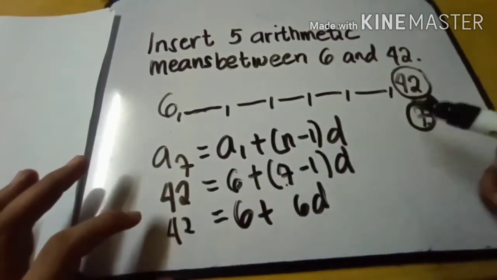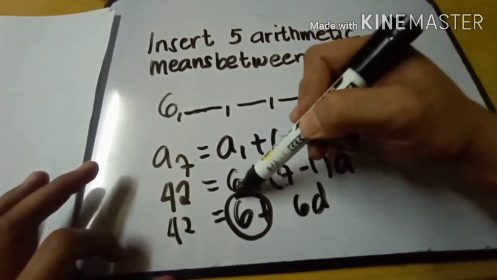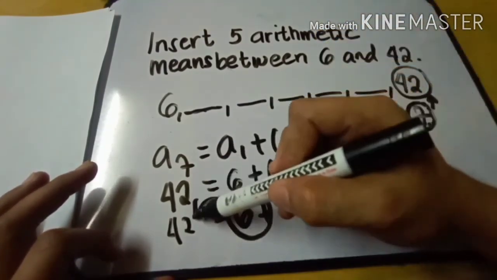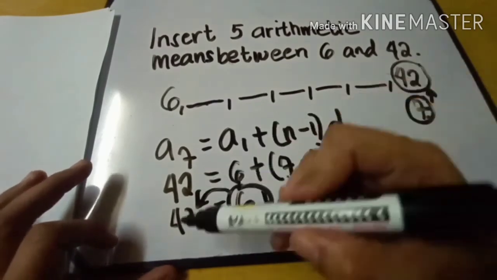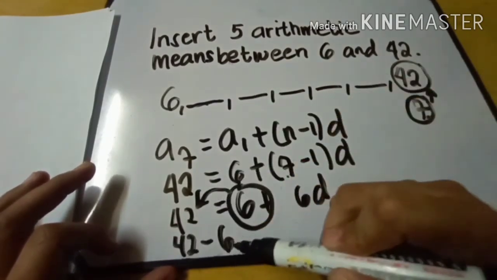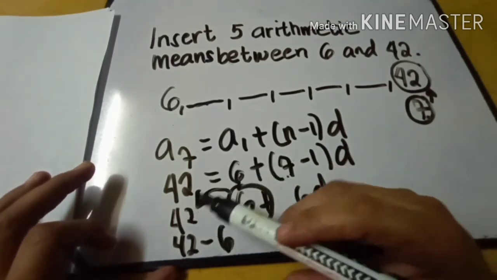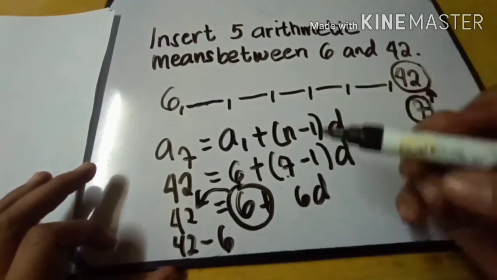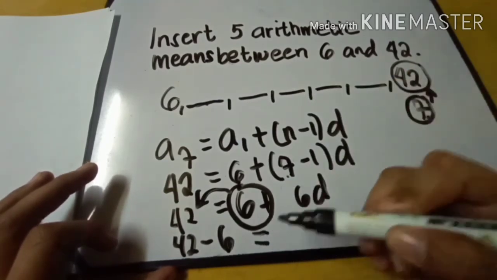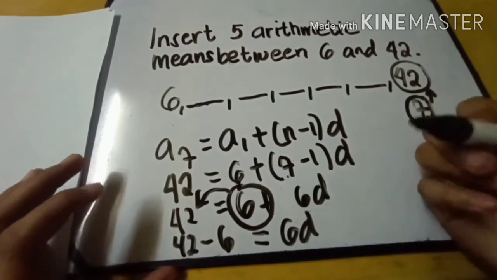Then in order to find the common difference, we have to transpose these terms to the left side of the equation. So we have here 42 minus 6. It is now negative because here it is positive. Once we transpose that, it becomes negative. On the right side, the only remaining term is the 6d.